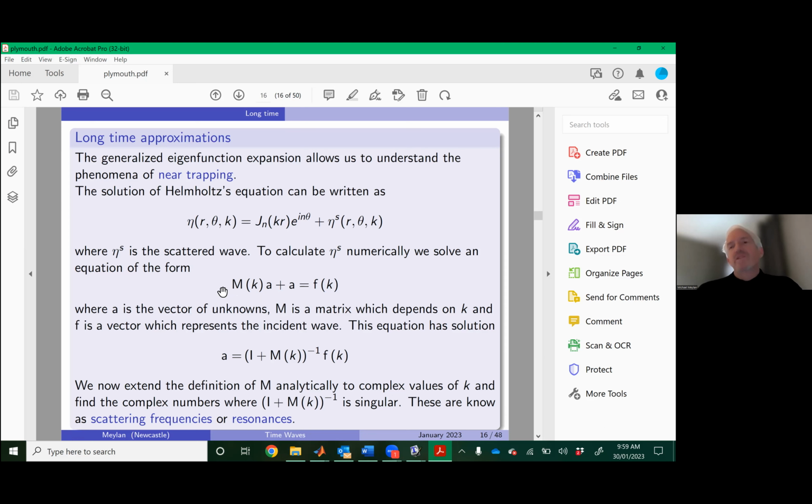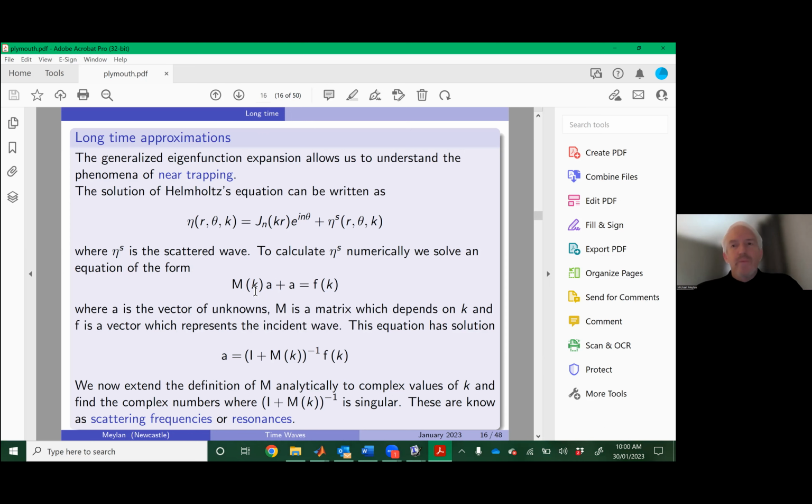Lots of times you have to invert a matrix. And in these problems, people scan across a range of frequencies. So they look for frequency 1, frequency 2, frequency 3. They have this parameter, which I've called K, which is really the frequency. And so you end up with a matrix that depends on the frequency.